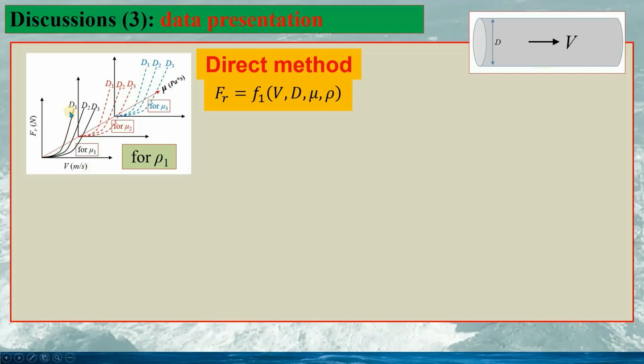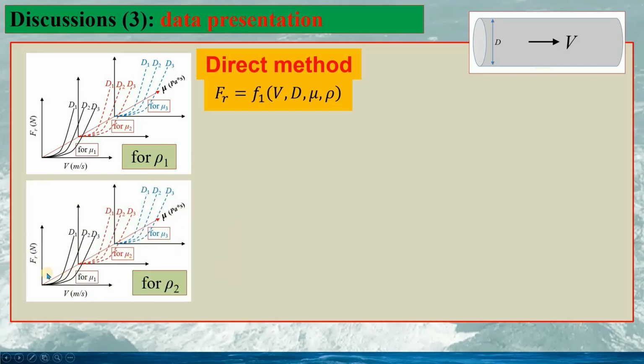And we can see here we have 3 different diameters of the pipe, D1, D2, and D3. If we change the fluid viscosity to mu2, we have another similar drawing given here, and for mu3, we have yet another drawing here. This is the plot only for one fluid density.